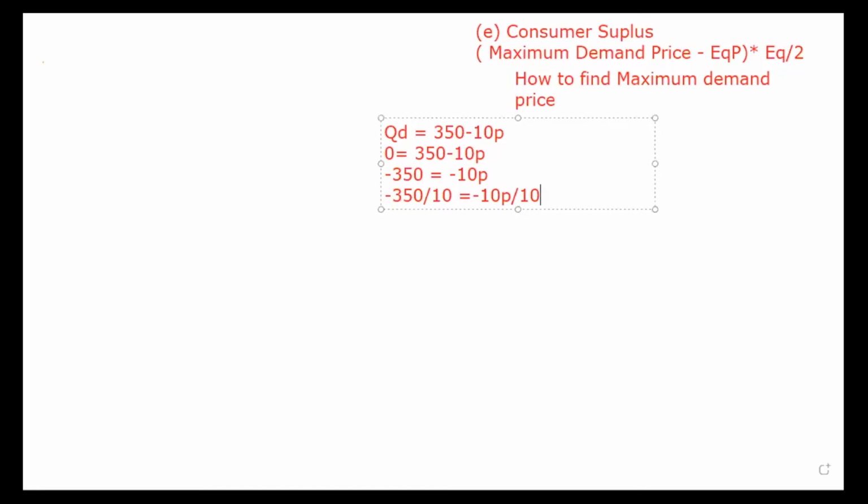So when I do this, I get 35 as my minus price, but no problem. Always demand will have a minus value, so we need to consider plus 35 here when we are finding the formula. So we found the maximum demand price actually. So I'm going to put the working. So 35 minus what is the equilibrium price they have given? As it is a new equilibrium price we found.